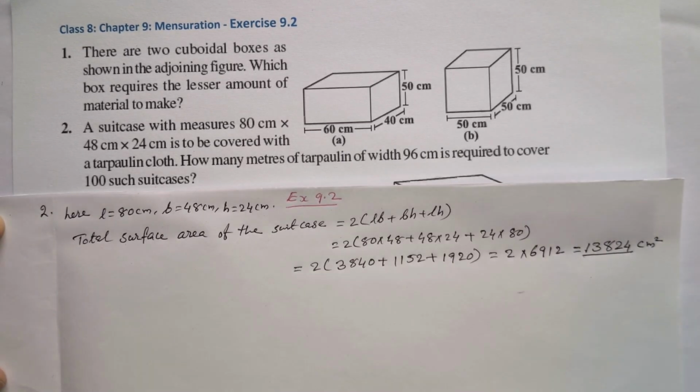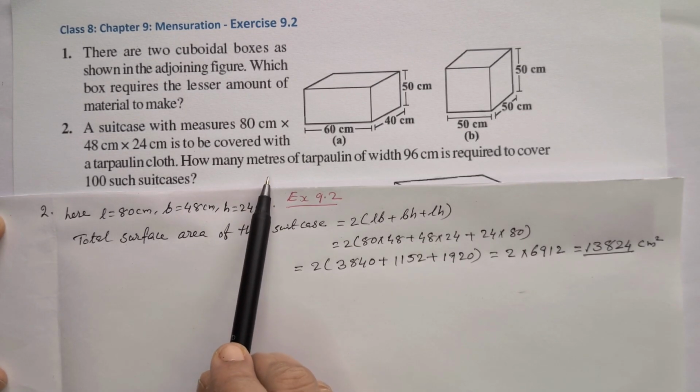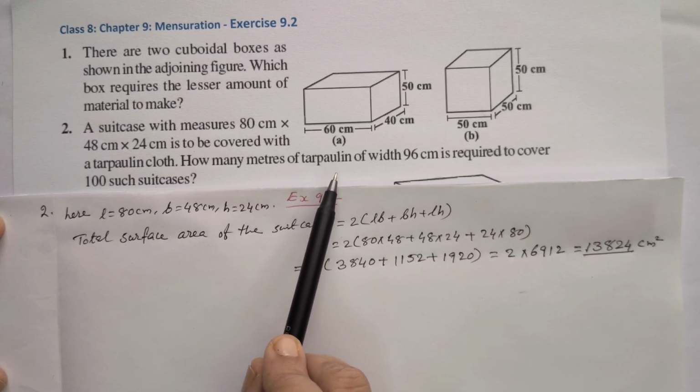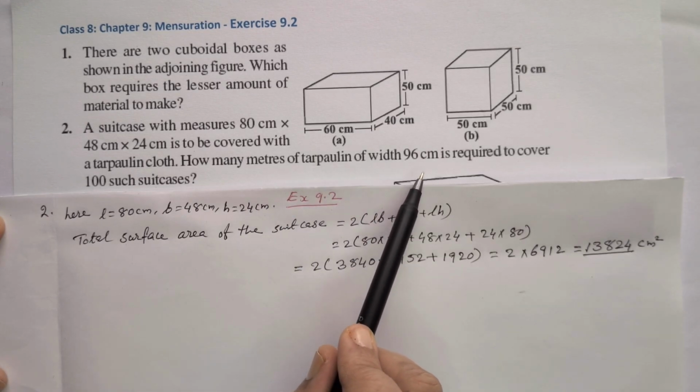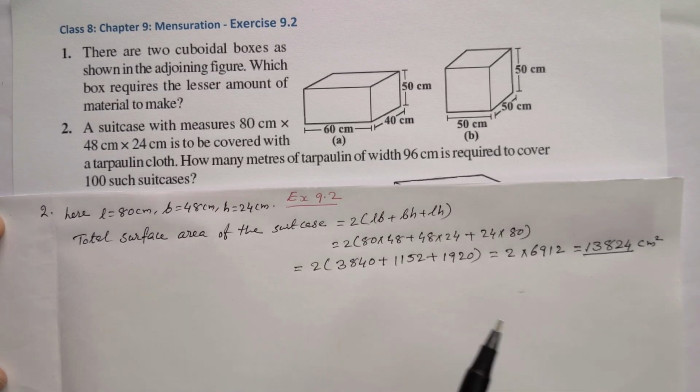So total surface area of one suitcase, that is 13,824. Now here, how many meters of tarpaulin of width 96 cm is required to cover 100 such suitcases.